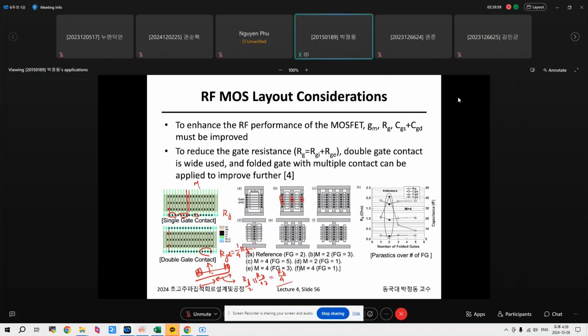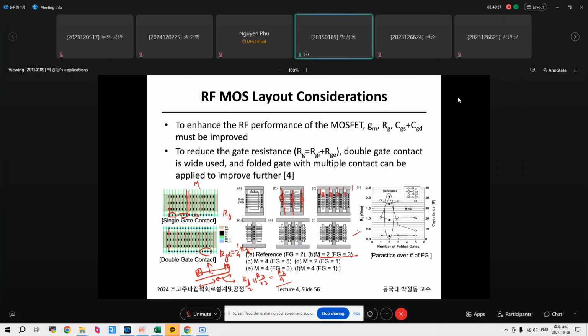Multiplication factor over 2, and the gate connection is 3. For the next one, multiplication is 4, gate connection is 5, and so forth.